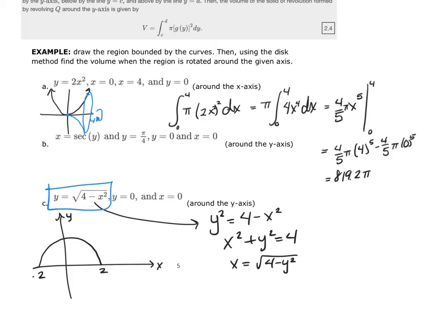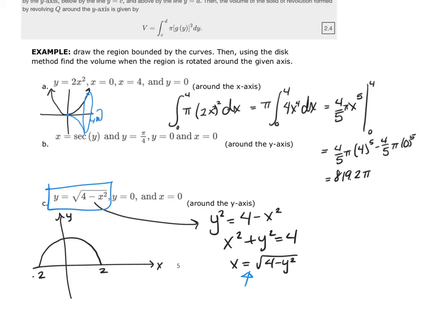So I know from y equals the square root of 4 minus x squared that when I solved for x, I'm going to take the positive region of it, so I don't have to worry about the plus and minus. I'm just going to take the positive because I had to choose the positive in my original function before I solved for x.